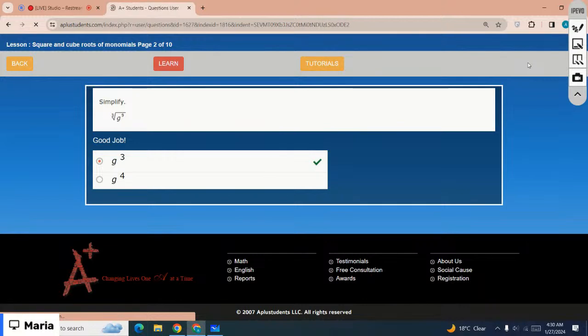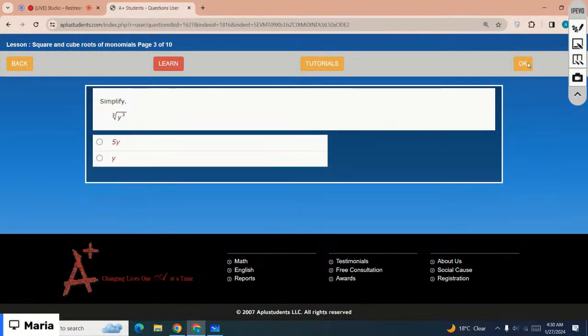Okay, the next one is cube root of y cube, which is the correct option. Just solve it on your notebook and write the correct option in the chat box. So which is the correct option?